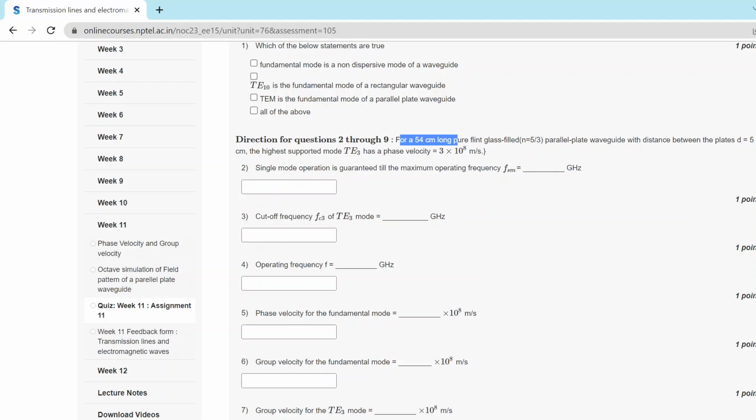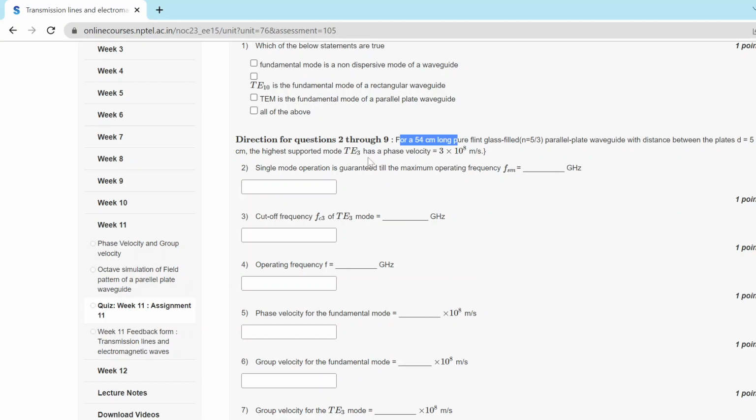The distance between the plates is given as 5 centimeter, and the highest supported mode TE3 has a phase velocity of 3 into 10 power 8 meter per second. So you can understand from the question that the phase velocity is 3 into 10 power 8 meter per second, which is nothing but c.